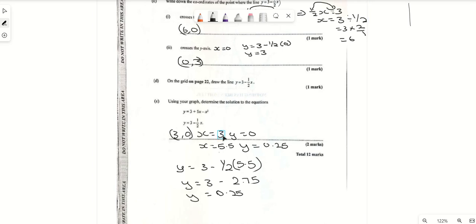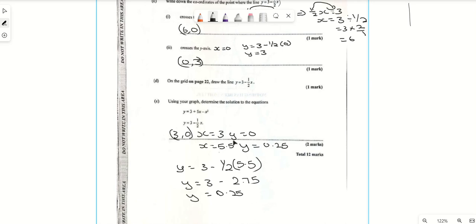Sorry, when x is equal to 3, y is equal to 0, right? We already know that is correct. And then when x is equal to 5.5, we put it in here. 3 minus a half by 5.5, you get y is equal to 0.25, right? And that would be your answer for this here.